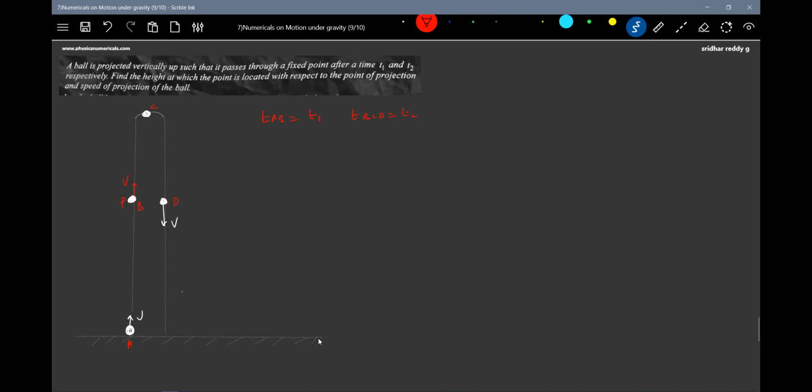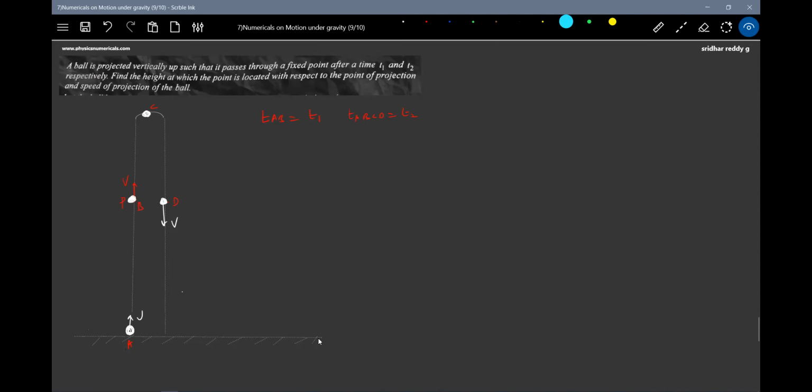I'm assuming conditions. So with T1 and T2, I have to measure ABCD. Time taken for ABCD, this will become T2, this will become T1.